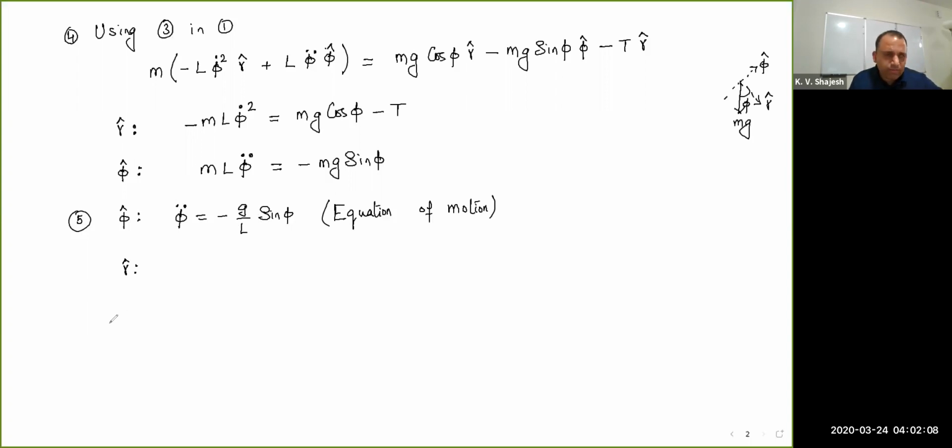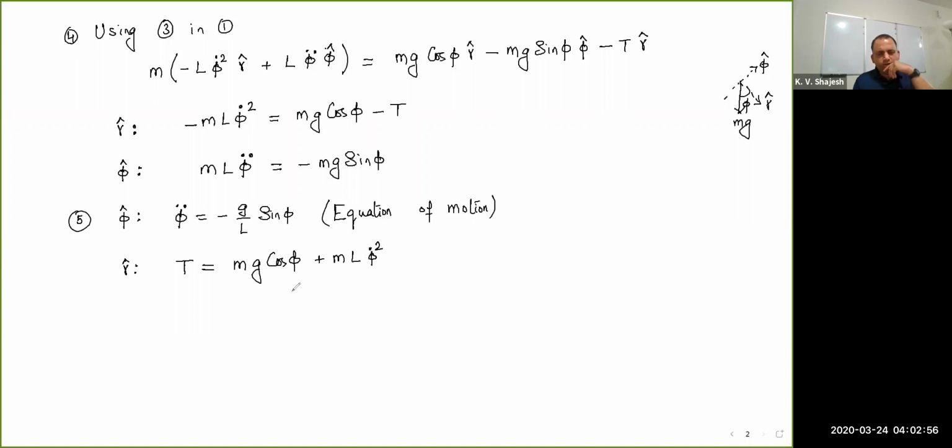In general, we will have a motion in the r hat direction, but for a simple pendulum, the pendulum is constrained to move with r equal to L, and that leads to a balancing act, if you want, which is pretty much governed by the tension T. The tension T is conspiring to make sure that Newton's law is obeyed in the r hat direction, and that's given by mg cosine phi plus ml phi dot square.